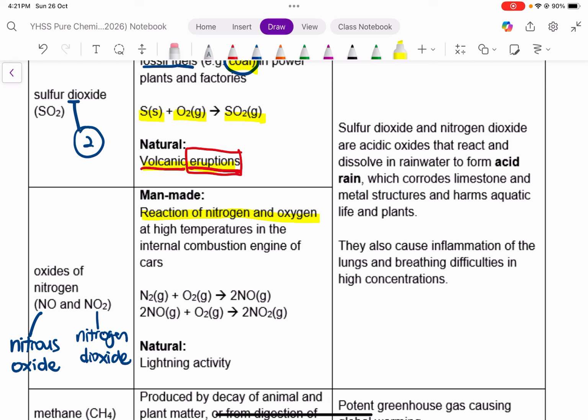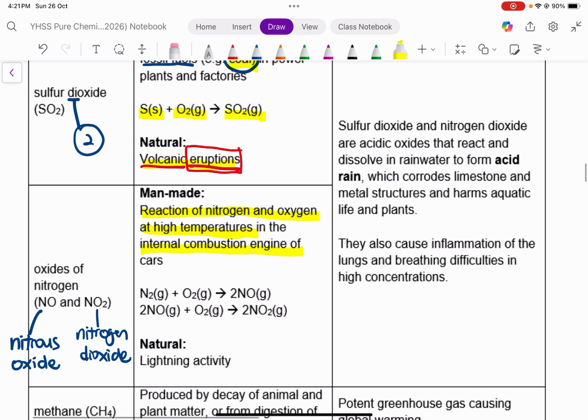The triple bond in nitrogen is very difficult to break. You need a lot of energy to break the triple covalent bond in N2. Hence, for nitrogen to react, it needs high temperatures. So, oxides of nitrogen can only be produced if there's reaction between nitrogen and oxygen at high temperatures inside the internal combustion engine of cars.